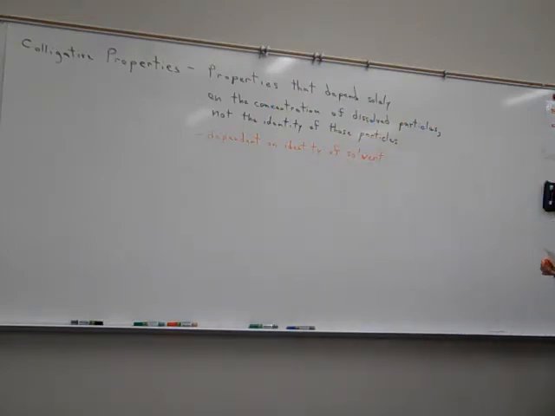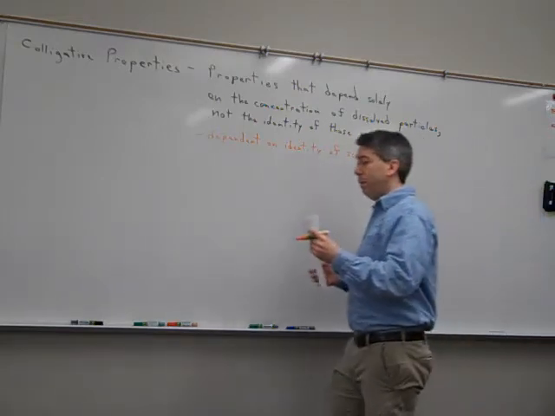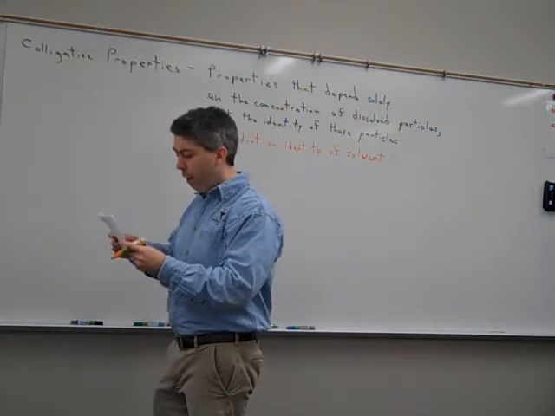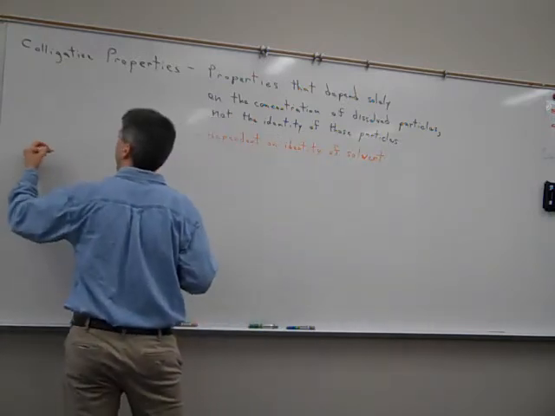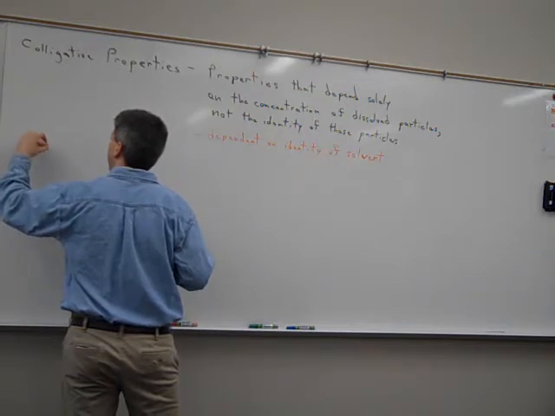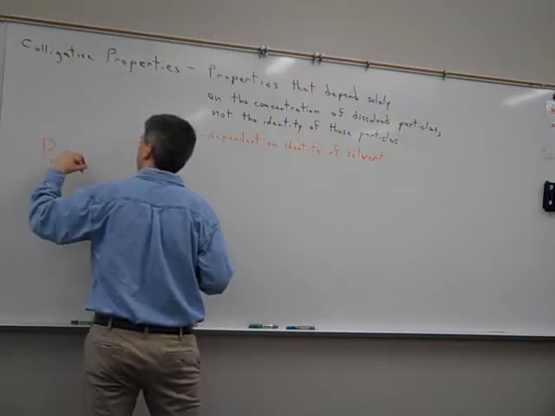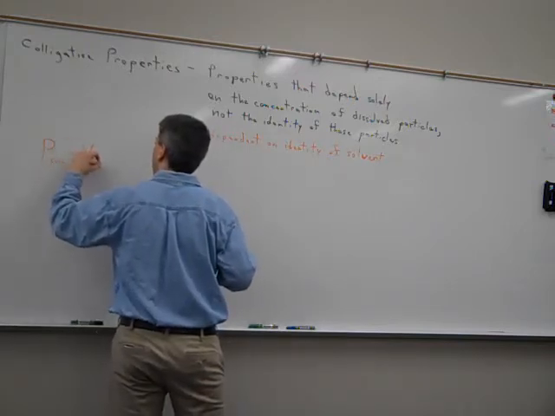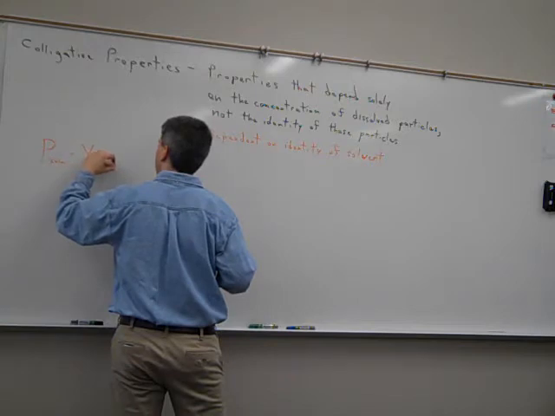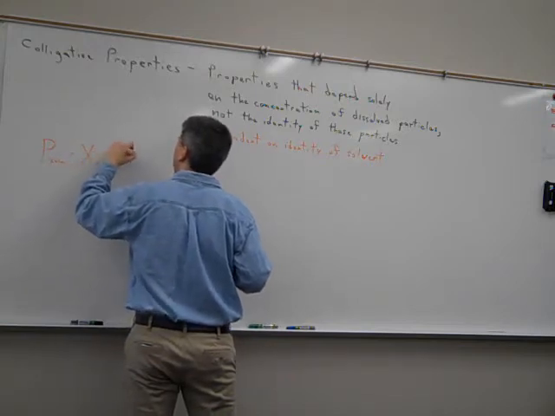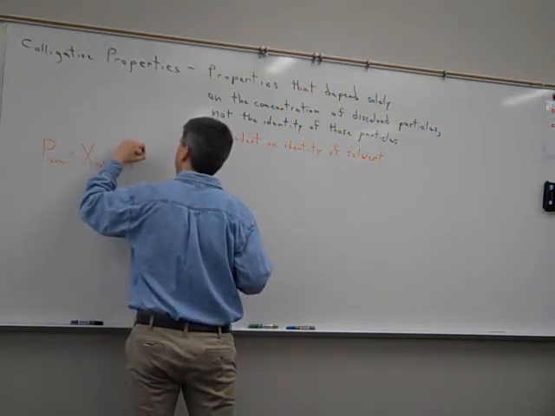Okay, so let's list them off, the four colligative properties. First of all, we'll do vapor pressure lowering, which basically is that the vapor pressure of a solution is equal to the mole fraction of the solvent times the vapor pressure of the pure solvent.